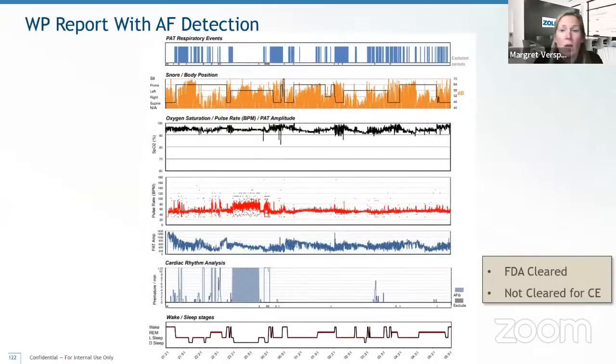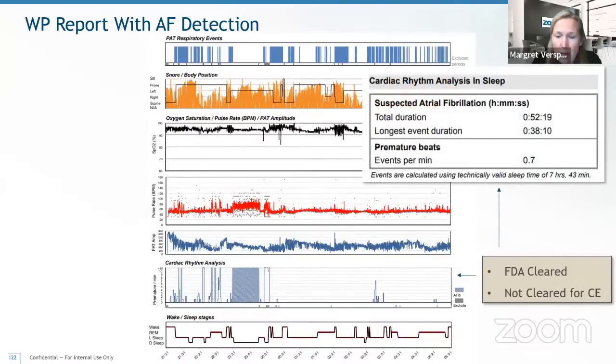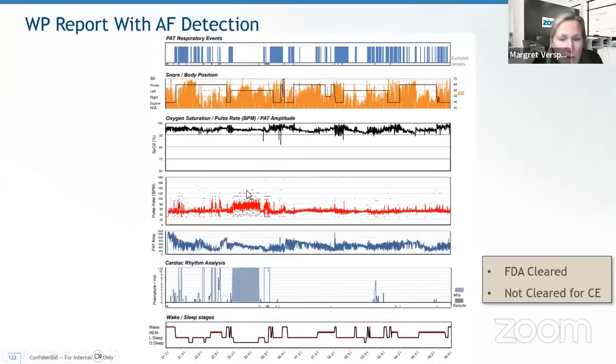Like I already mentioned, we have FDA clearance for automatic detection of atrial fibrillation. It flags it, not diagnoses it, because we cannot, we may not, and we don't want to. We can flag it in the report, where in the pulse rate curve we can see all those gray dots.